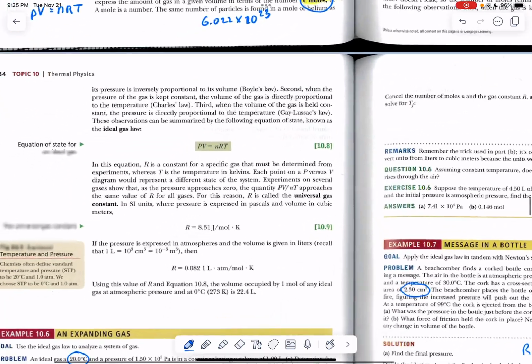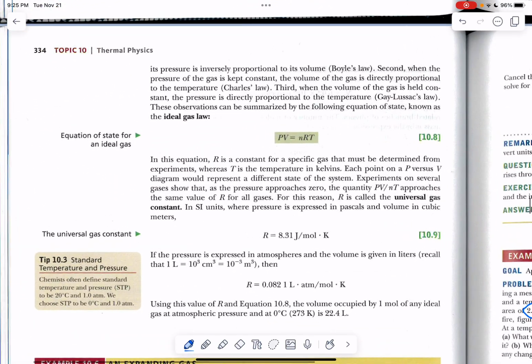Now, there's our PV equals nRT, the ideal gas law. And if you solve this equation for R, R equals PV over NT.